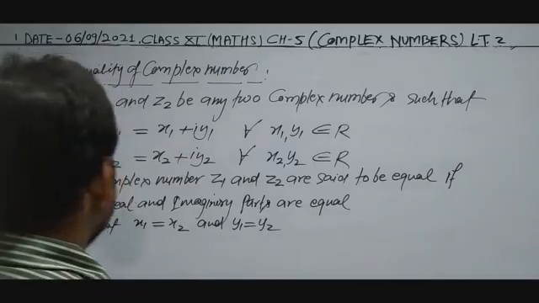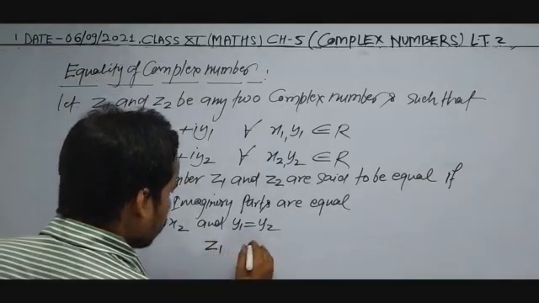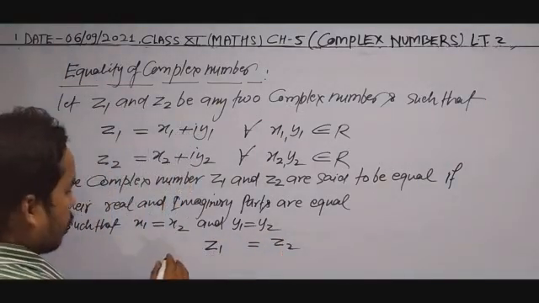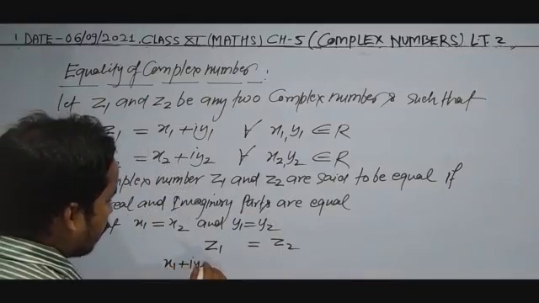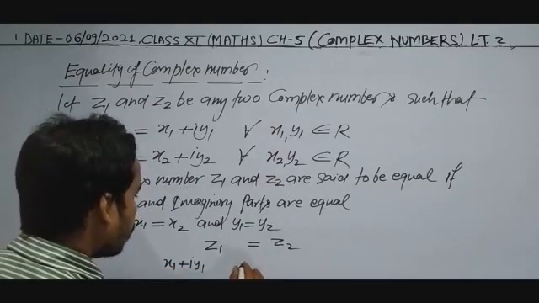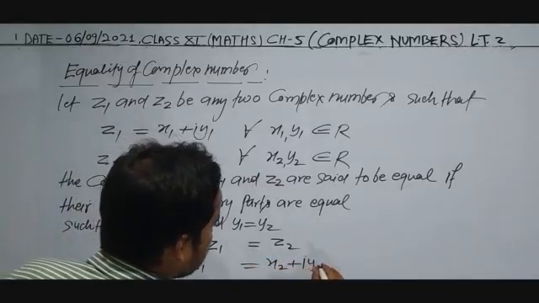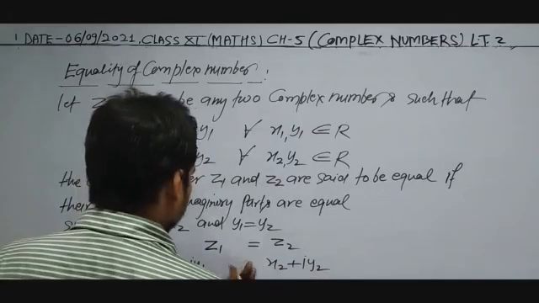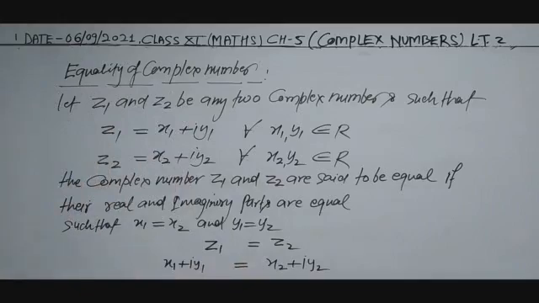So, see, Z1 is equal to Z2, and Z1 value is x1 plus i times y1, which is equal to x2 plus i times y2. These complex numbers are equal, so their corresponding real and imaginary parts are equal.